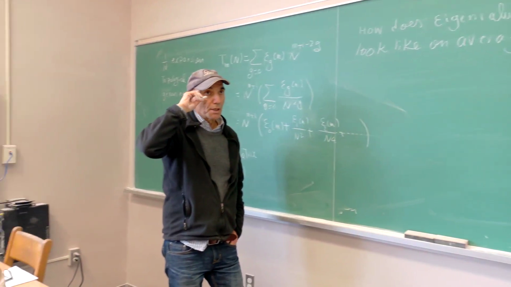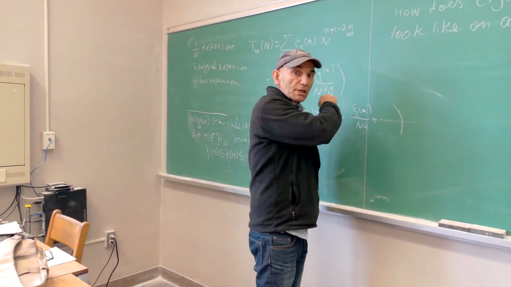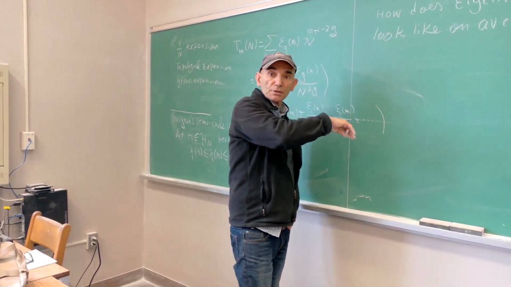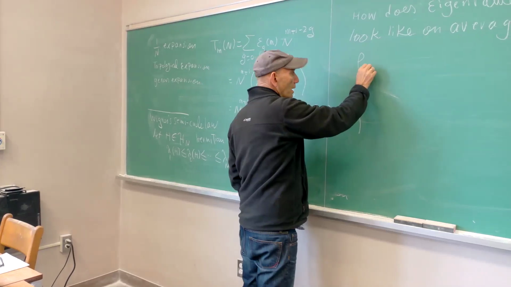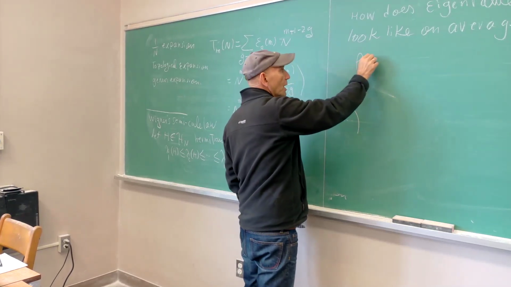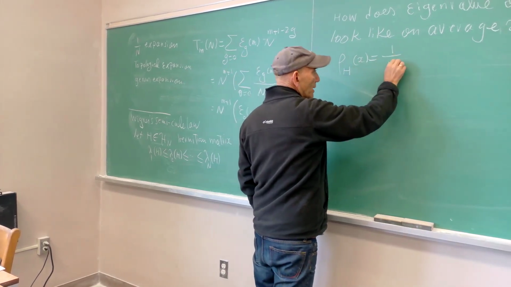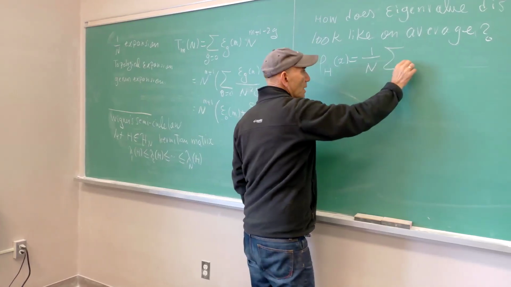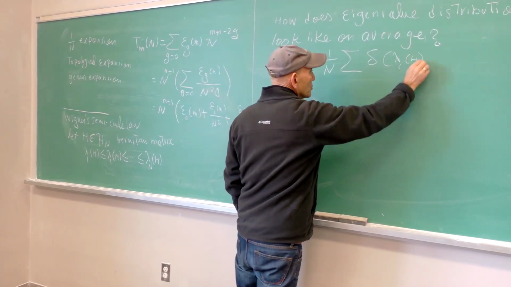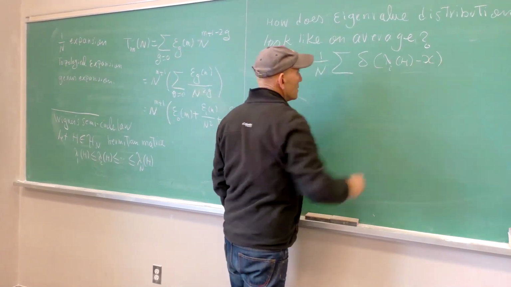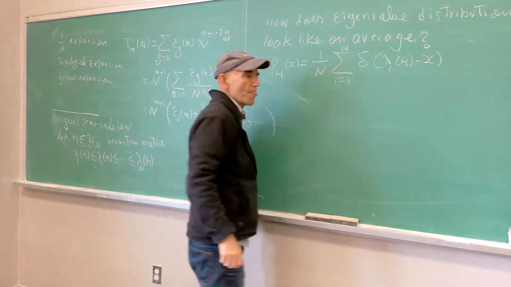To make this question a little more precise, let me introduce this eigenvalue distribution function. I call it rho H. It depends on H. Rho H of x is going to be 1 over n sum of delta, lambda i of H minus x, i from 1 to n.